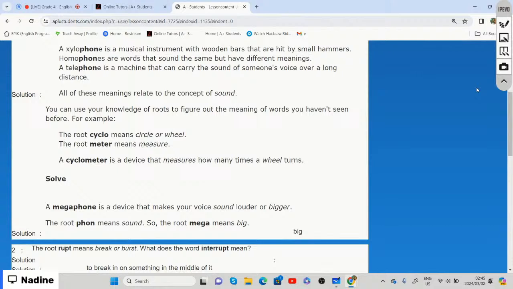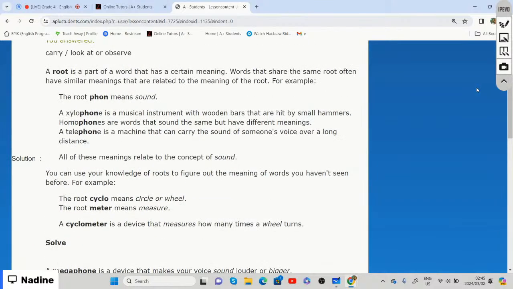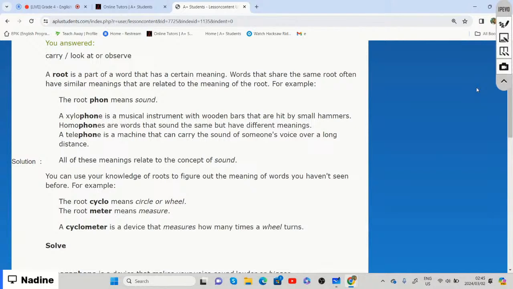Remember, a root is almost like a word that can stand on its own, and once other words are added to the root, the meaning of the word changes. A root is a part of a word that has a certain meaning.